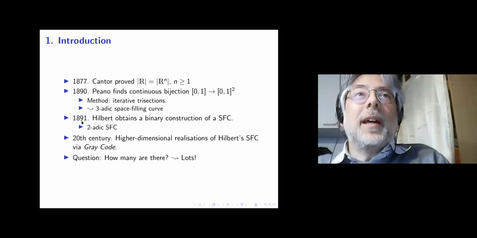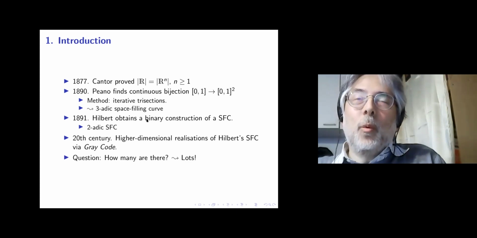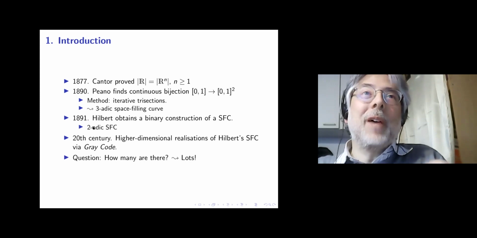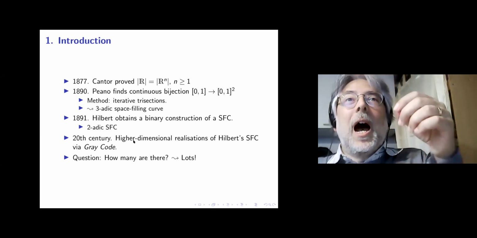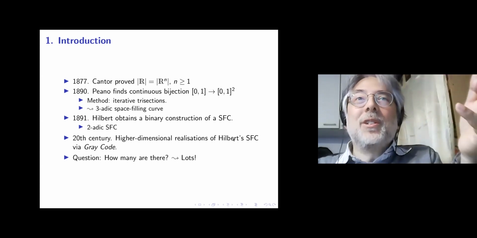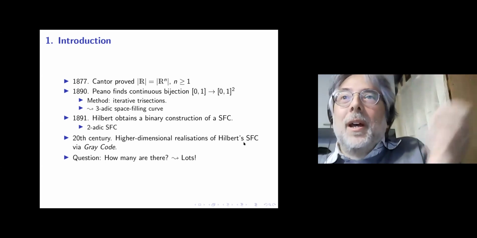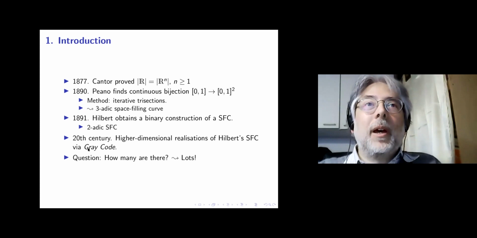And in 1891, Hilbert does this in a similar way, a binary construction of such a space filling curve. So you have a p-Adic space filling curve. And then later, higher dimensional realizations of these ideas became realized. And the method was the Gray code.